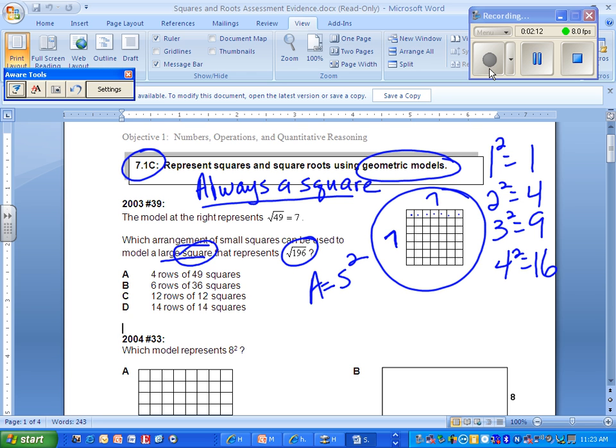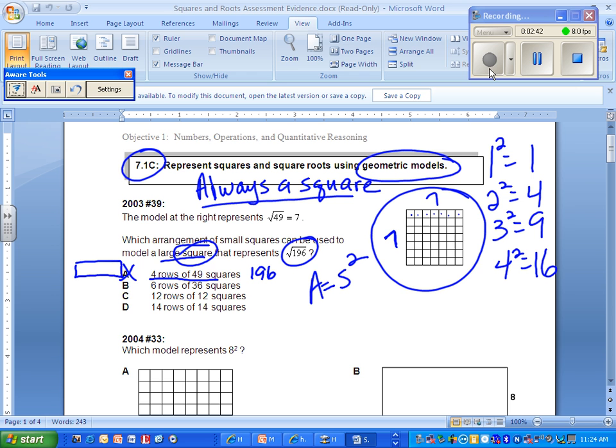Now, when I look at my answer choices, I immediately see that 4 by 49, 4 rows of 49 little squares, if I multiply that out, I think that does give me 196 little squares. However, 4 rows of 49 is going to be a rectangle. It's going to be like a short and long 4 rows of 49 squares. That's not a square.